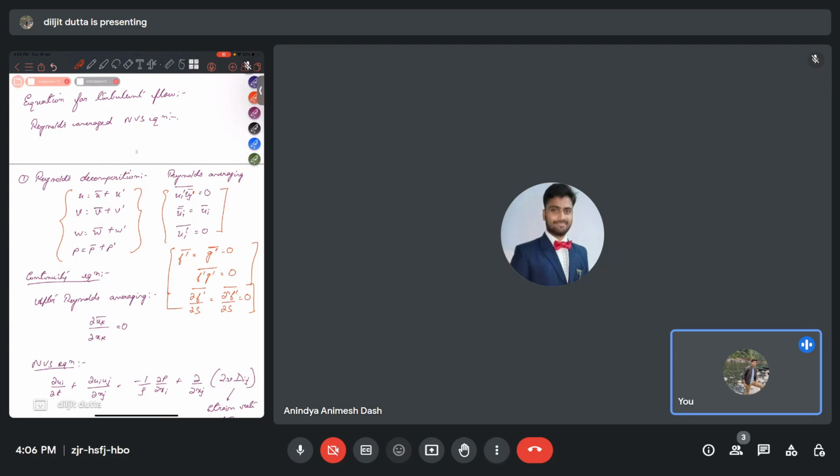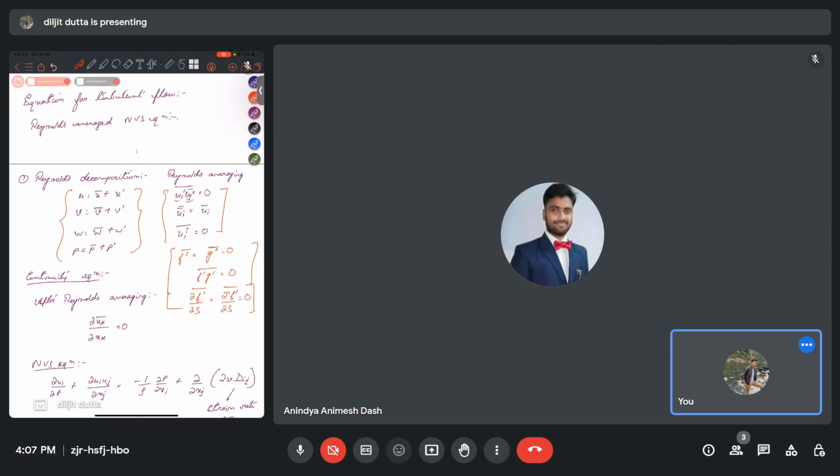If we are taking the product in two directions, that is ui and then uj, where ui is the velocity in the ith direction and uj is the velocity in the j direction. So if ui dash is a fluctuation term, and we take the product and the mean, and take the average of this fluctuation term, we will get 0.